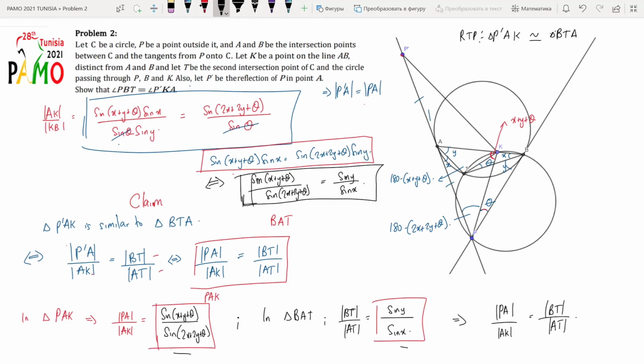But remember, PA was the same length as PA prime, so we can change this to this. So PA prime over AK equals to BT over AT. And also because we have the angle P prime AK is equals to angle BCA. I'll show the angles now, the angles I'm showing in red now, because we already have that these two angles are equal.